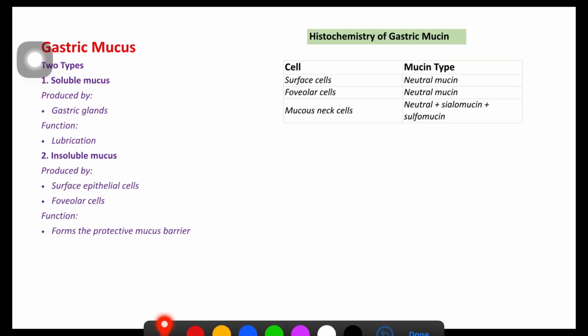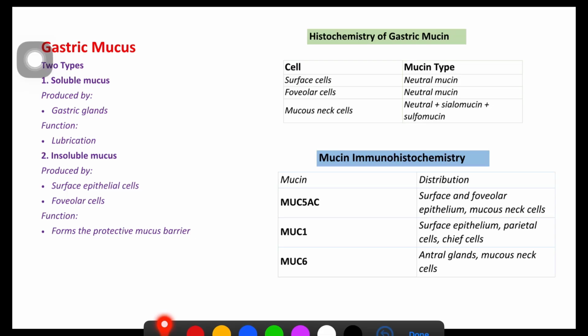Now, histochemistry. Surface and foveolar cells have neutral mucin, whereas mucous neck cells contain neutral mucin and sulfomucin. If we want to confirm different mucins immunohistochemically, we require Muc5AC for surface and foveolar epithelium as well as mucous neck cells, Muc1 for surface, parietal and chief cells, whereas Muc6 is in the antral gland and mucous neck cells.